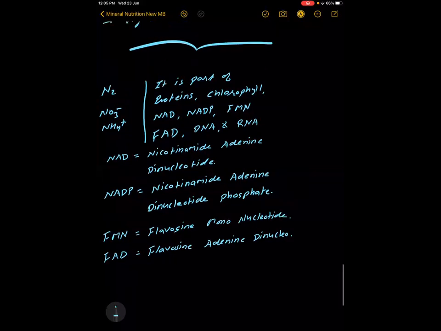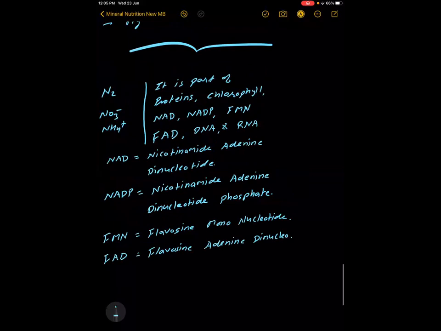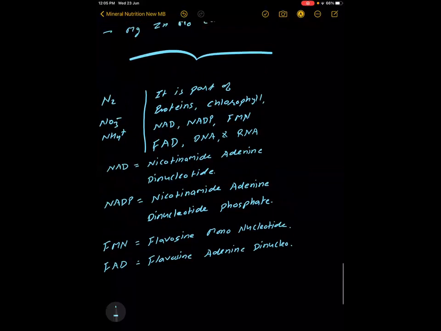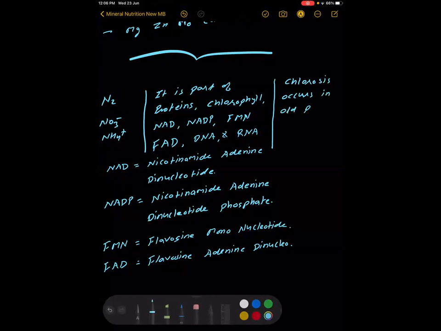Now this is the deficiency of nitrogen. If nitrogen is deficient, chlorosis starts. Nitrogen is a mobile element, so chlorosis occurs in old leaves or old parts first.